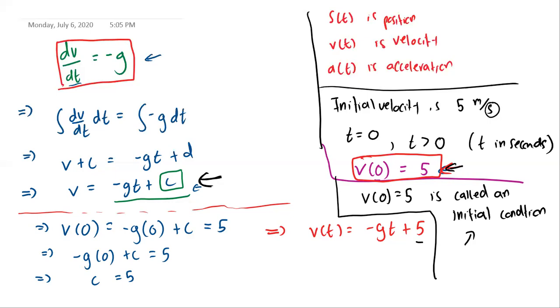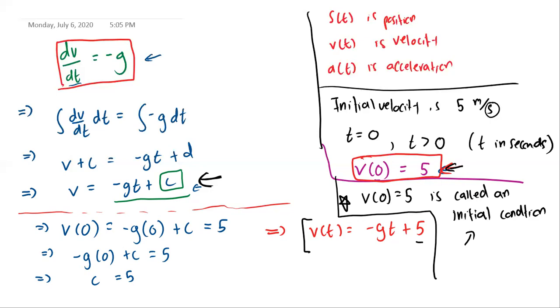In fact, if we plug in v of 0, just replace t with 0, and then set that equal to 5, we see that we can actually solve for a specific constant. And that constant was 5, which means that the specific velocity function that satisfies this differential equation with this initial condition is negative g times t plus 5.